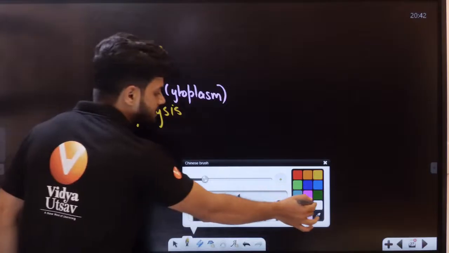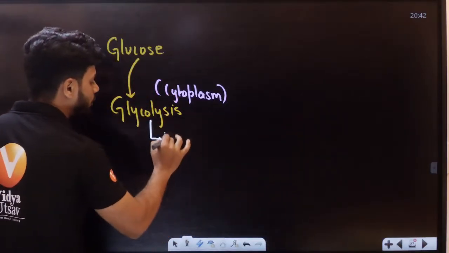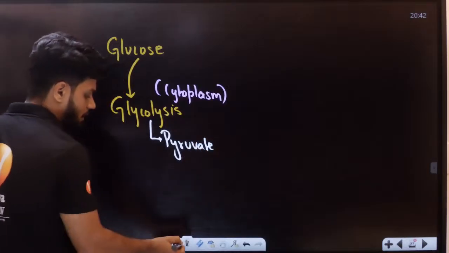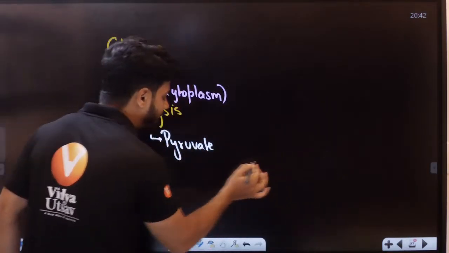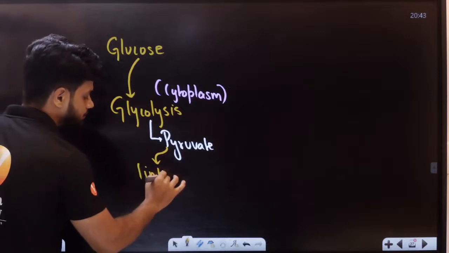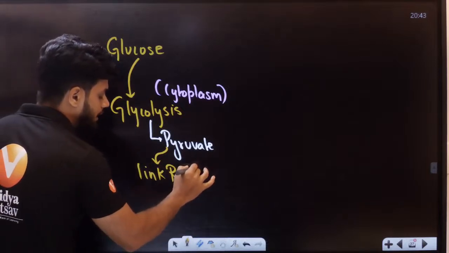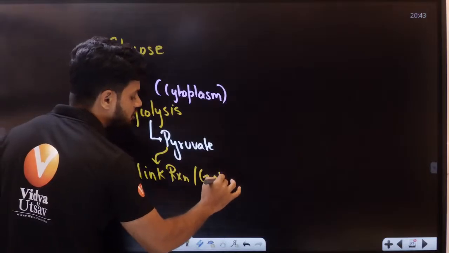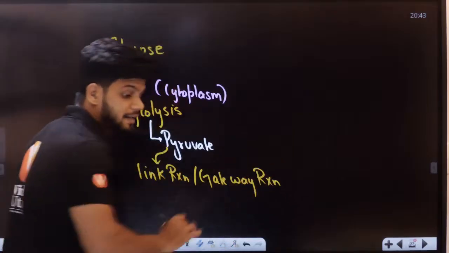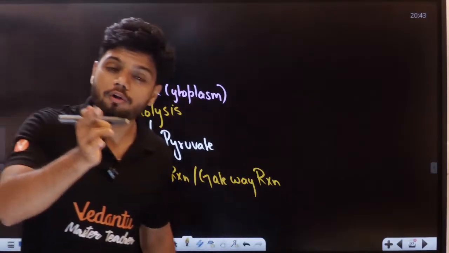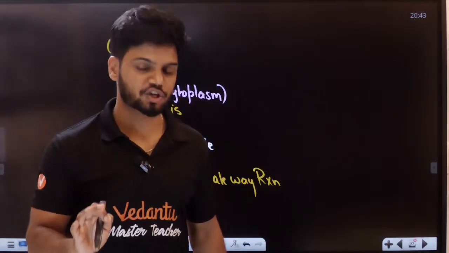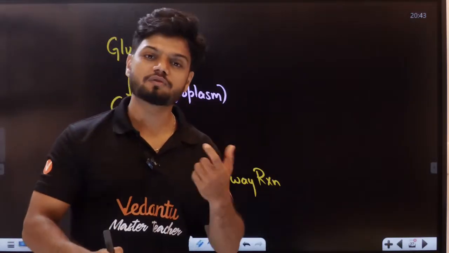We get pyruvate. Now, students, this pyruvate enters one more reaction called the link reaction, also called the gateway reaction. It is also called the oxidative decarboxylation reaction. Do not worry if you do not know, I'll teach you eventually.